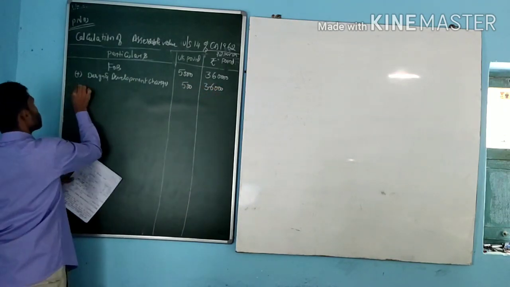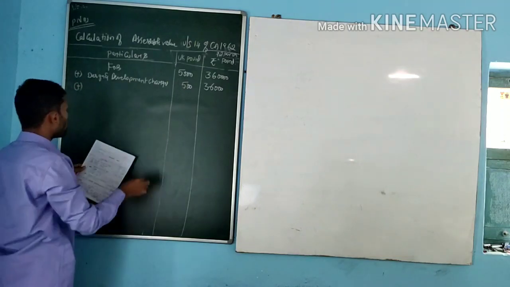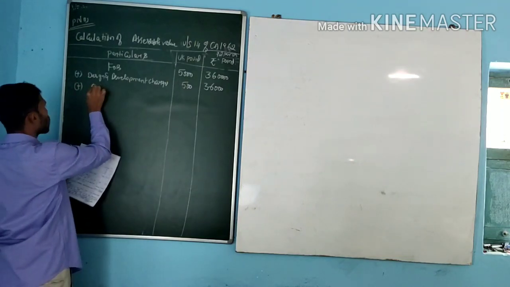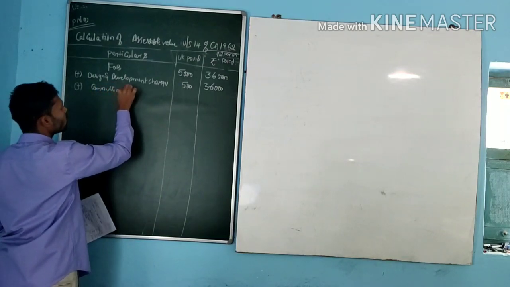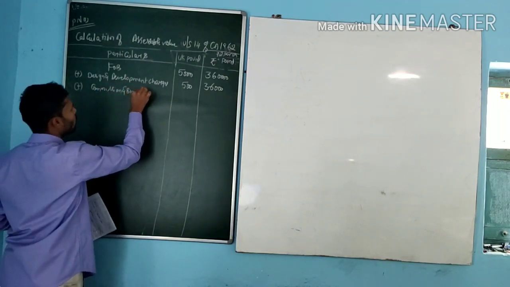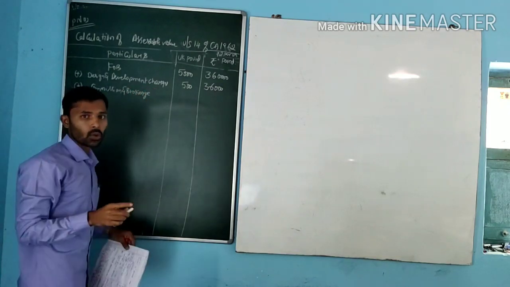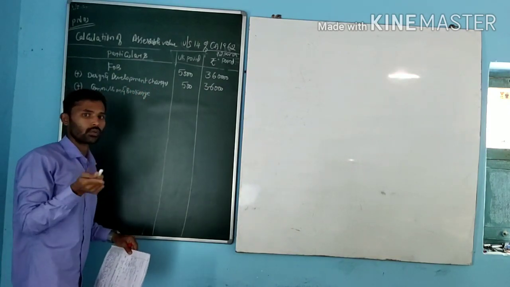Next, commission and brokerage. Commission and brokerage other than buying commission we can include.